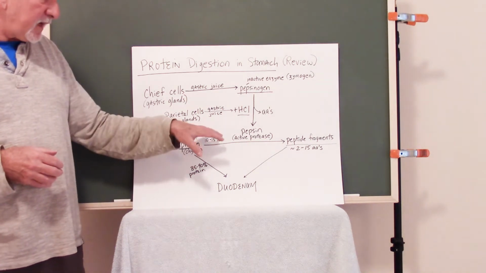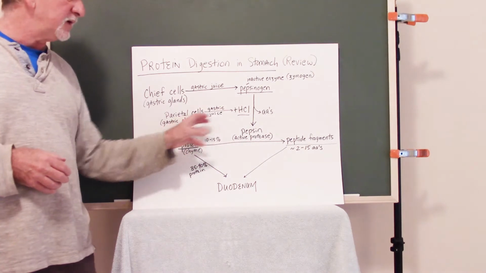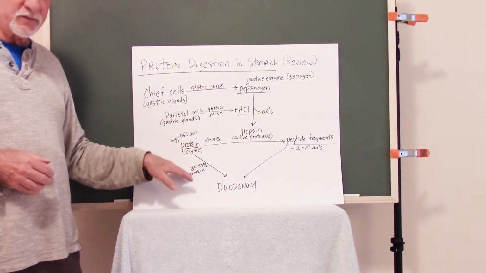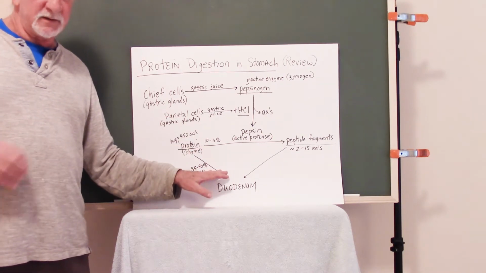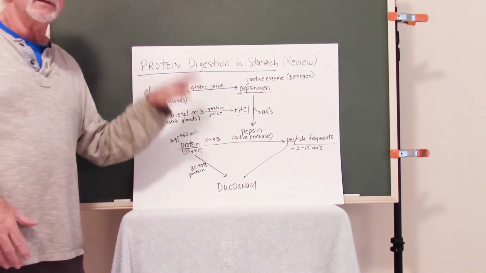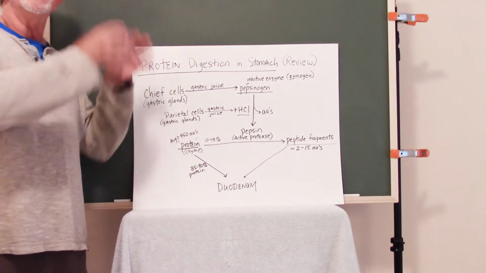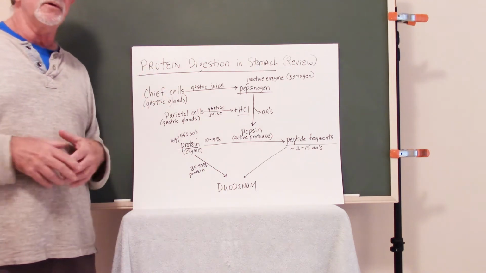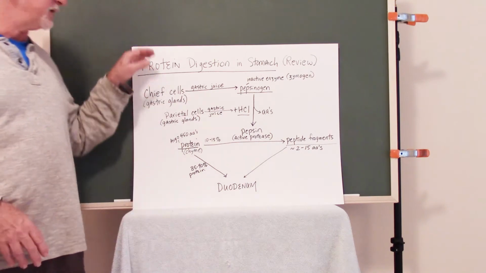So only about 10% or so of protein is digested by pepsin in the stomach. Most of the protein, 85 to 90%, escapes pepsin digestion and simply moves along with these peptide fragments into the duodenum. So that's a review of what happens in the stomach, and now we'll look at what happens in the small intestine with protein digestion.